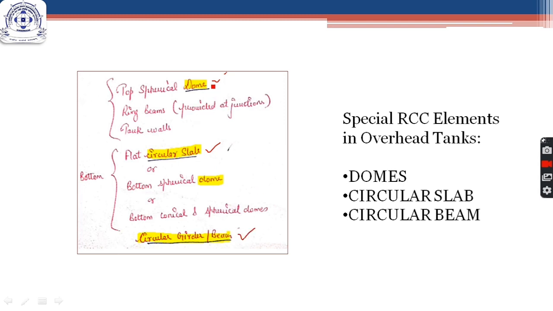So these RCC structural elements are part of the overhead tanks. You need to have an idea about these RCC structural elements before starting with the design of circular overhead tanks. So first I will explain in brief about these types of structural elements, then we will proceed further.